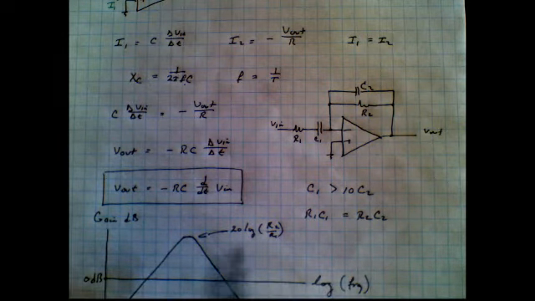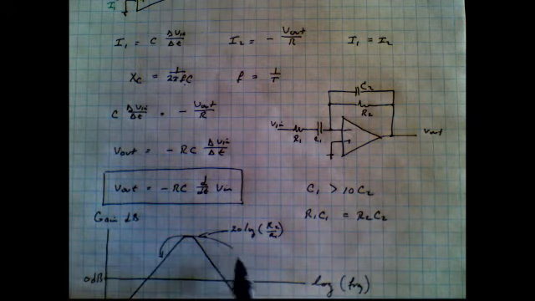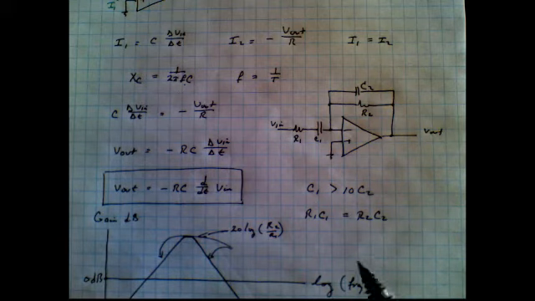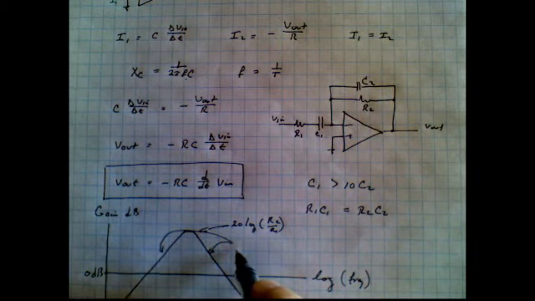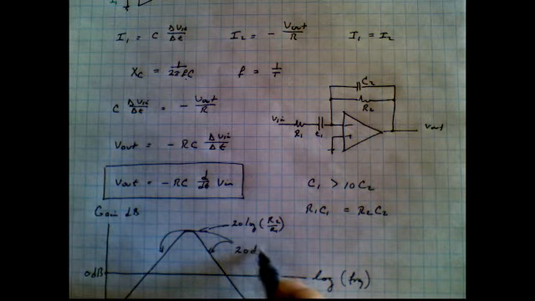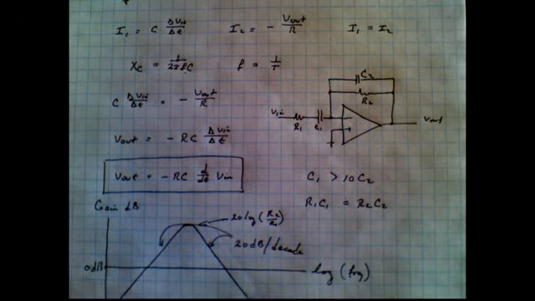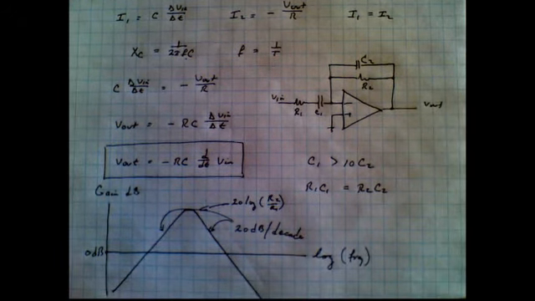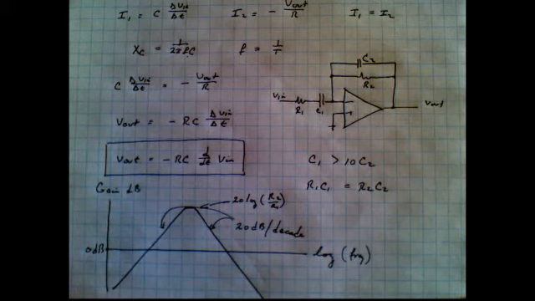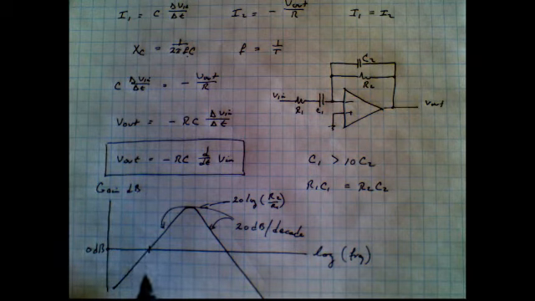And the slope in this part, the rising slope and the falling slope, will also have the same relationship, and that is that they will be rising and falling at 20 decibels per decade. That's to say, if we increase the frequency by a factor of 10, the signal output will either rise or fall by 20 decibels.